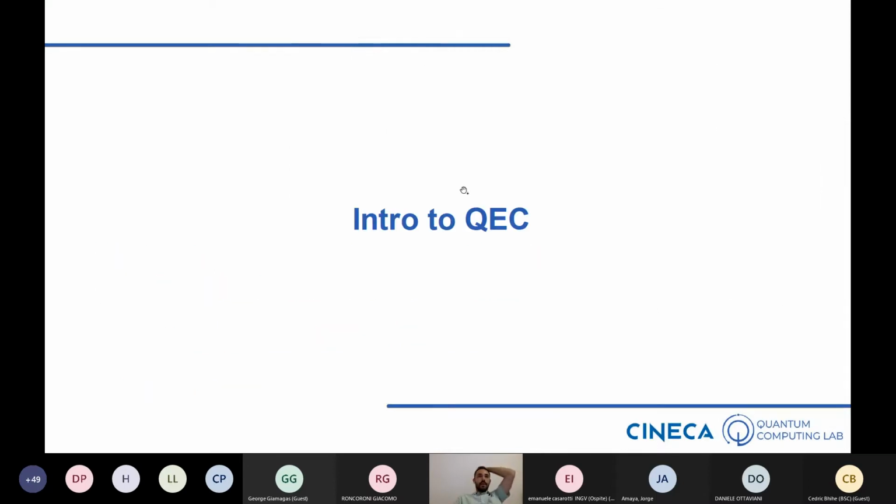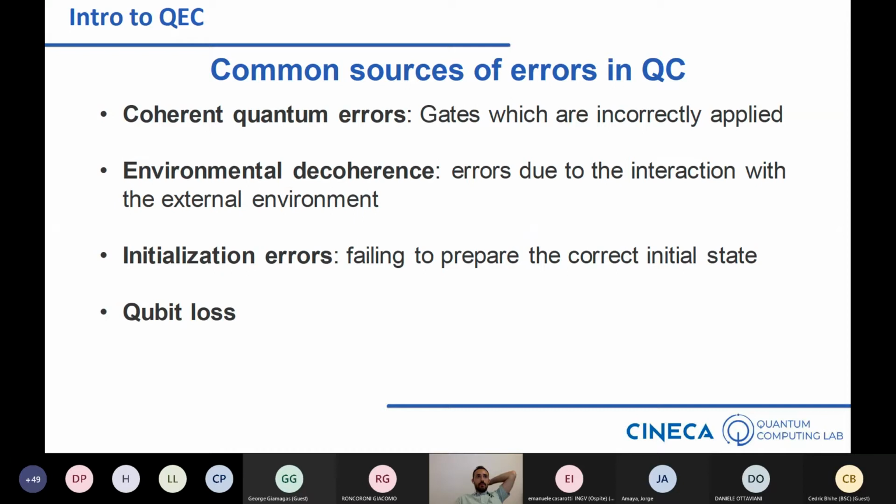So, as I told you, very briefly, because we just have 1 hour. In quantum computing, there are many sources of errors that can compromise your quantum computation. These are some examples. Coherent quantum errors, for example, gates that are incorrectly applied.